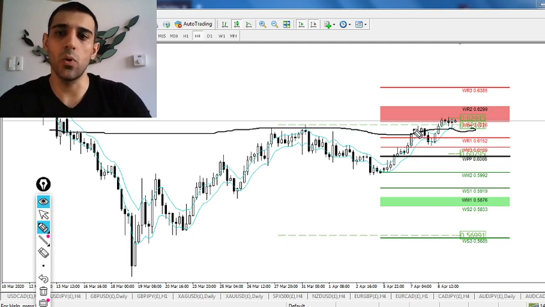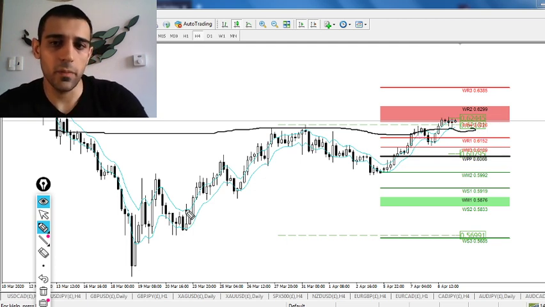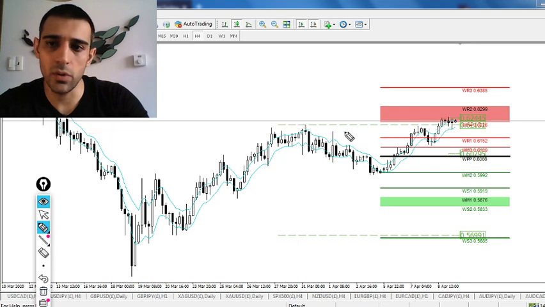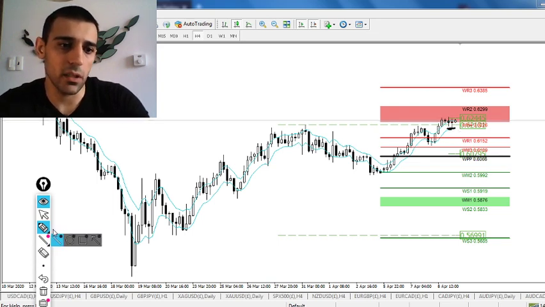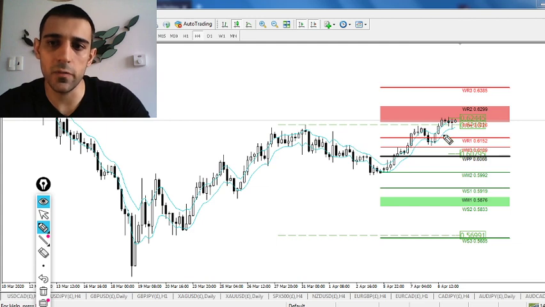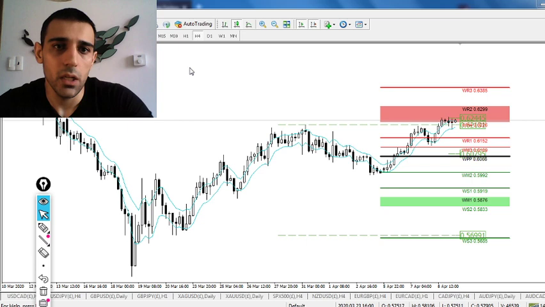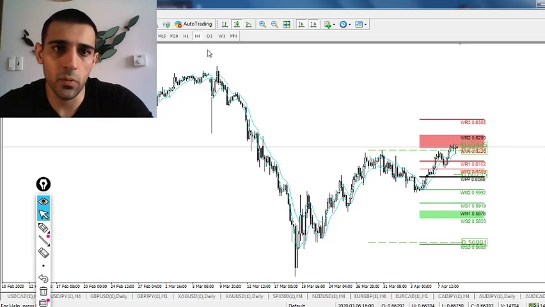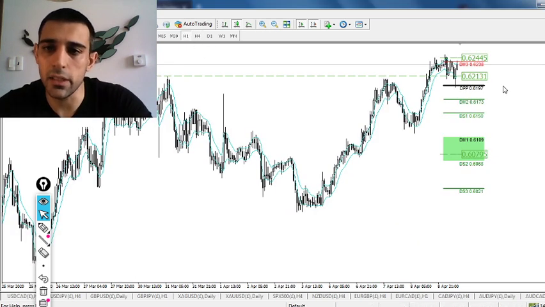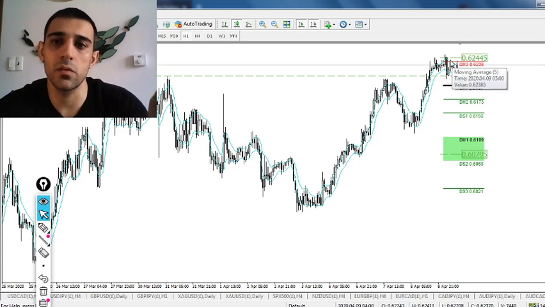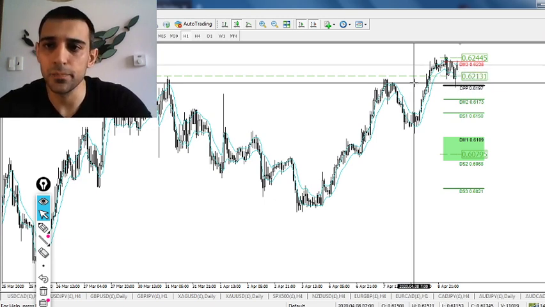Let's see if the price decides to come down, and if it does, this low will be taken out. Any stops or other orders on the buy side will be sucked in. So we wait for the price to do that, or of course it can also continue towards the upside.